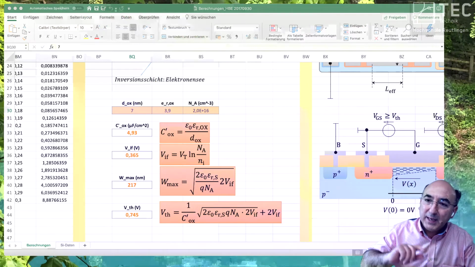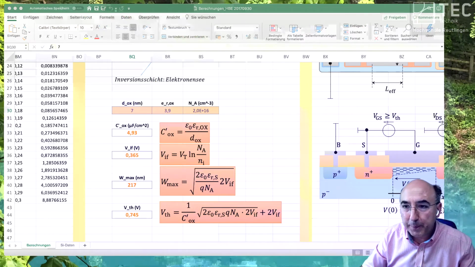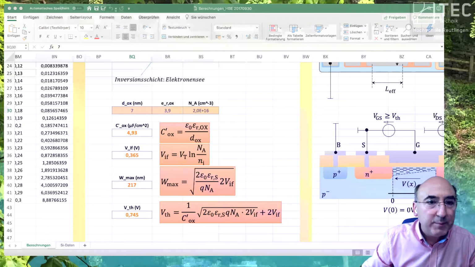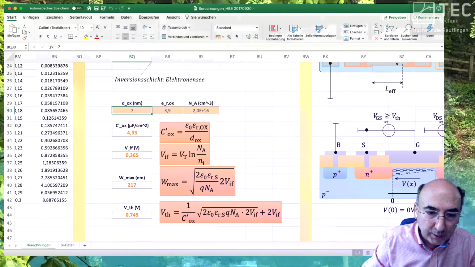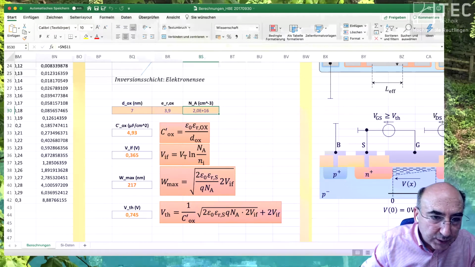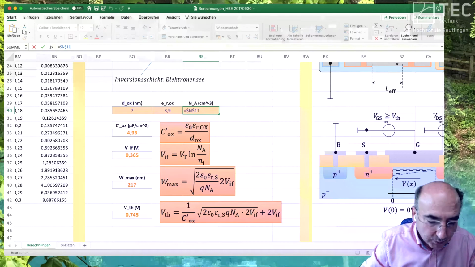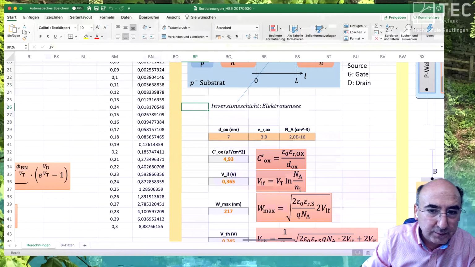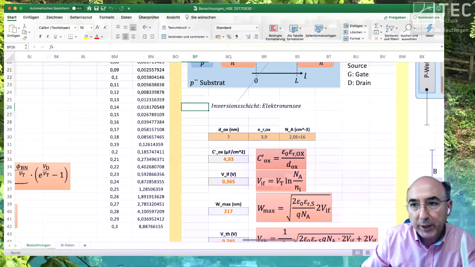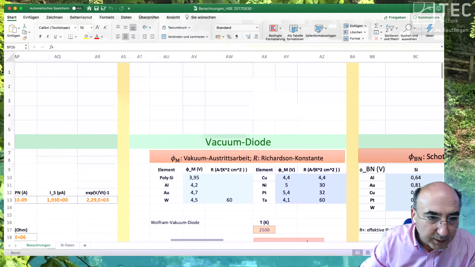Now I'm changing the doping concentration. I will have to change it somewhere else. It is N11. N11 is where we have had in the diode area.